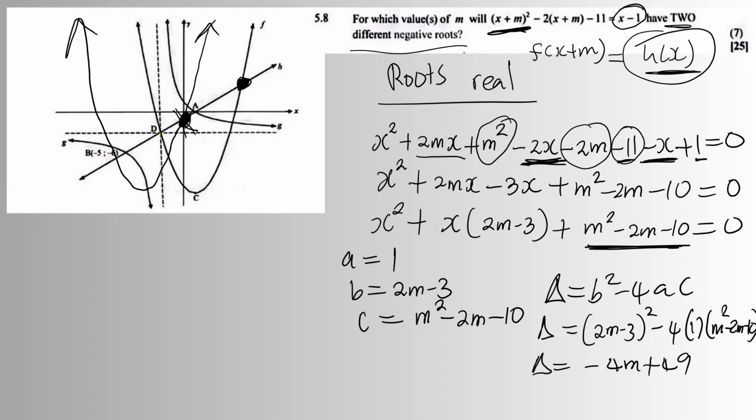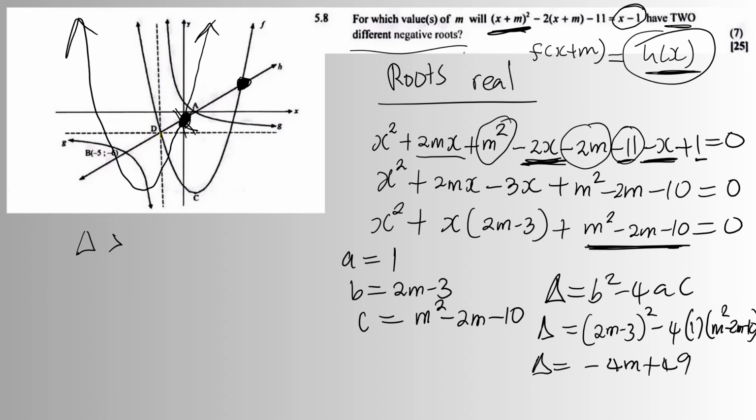So when you have expanded and grouped the like terms, that is your delta. For the roots to be real, because these are real roots, it's just that they must be two different negative ones, we'll account for that later.